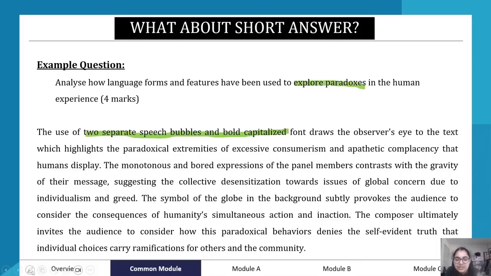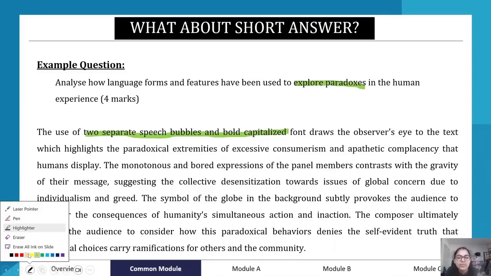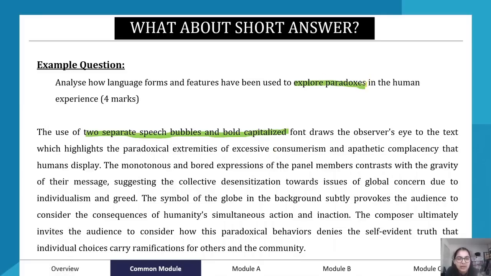And it says to explore paradoxes in human experience. So something you can see here doesn't tell you what paradox. A paradox can be anything, right? It's a paradox in the human experience. So here we're saying it highlights the paradoxical extremities of excessive consumerism and apathetic complacency that humans display.